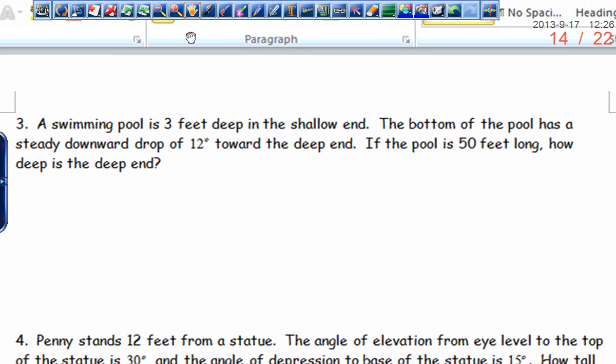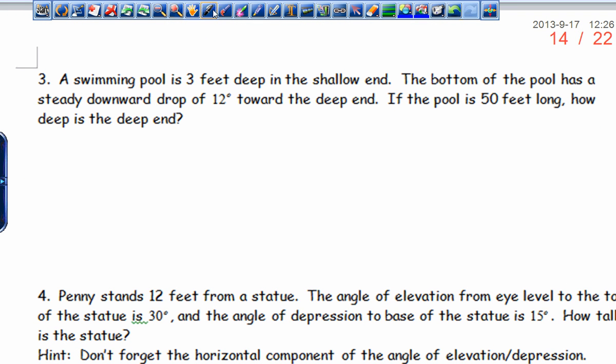On number 3, we got a swimming pool, so yay for swimming pool. It says from the shallow end to the deep end, I've got a 12-degree drop. We know the pool, so if I close off my pool right here, that's 50 feet, right?